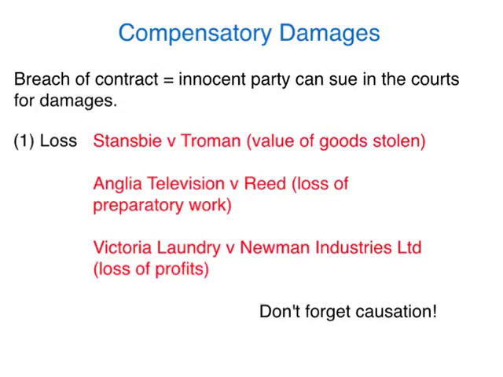So looking at some cases here, if we start with Stansbie and Troman, here the loss was the value of goods stolen. In Anglia Television and Reed, we had a television company actually doing some preparatory work before they started shooting with this particular actor. When the actor pulled out, therefore their loss was the preparatory work that had been done. And then finally in Victoria Laundry and Newman Industries Limited, here we had a loss of profits.